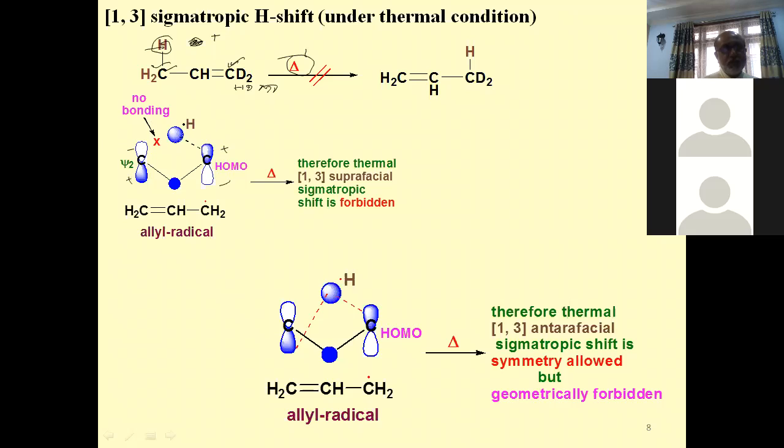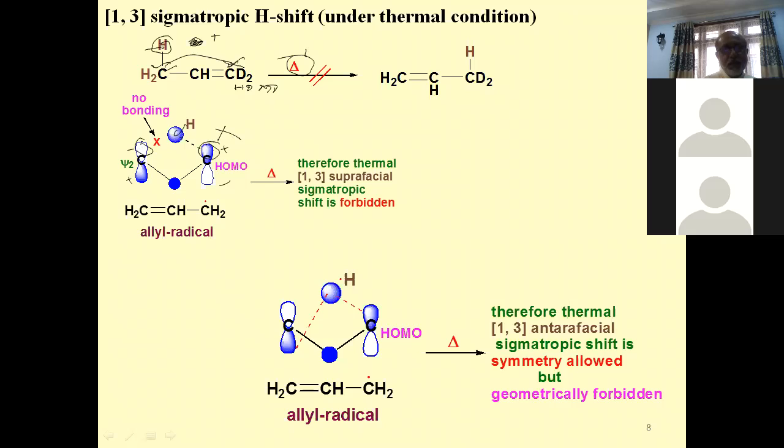If this hydrogen has to migrate from this carbon to this carbon, because this is the sigmatropic shift, it has to jump from here to here, having the same phase. This phase here is matching with this one, so this is all right, but this is not. The HOMO of this one is not having the same phase. So this migration is not possible.